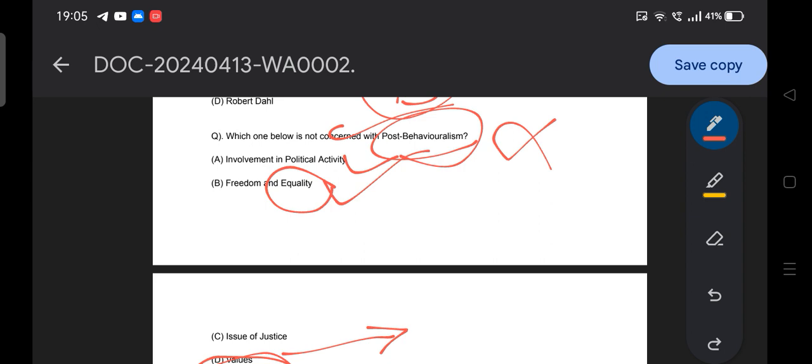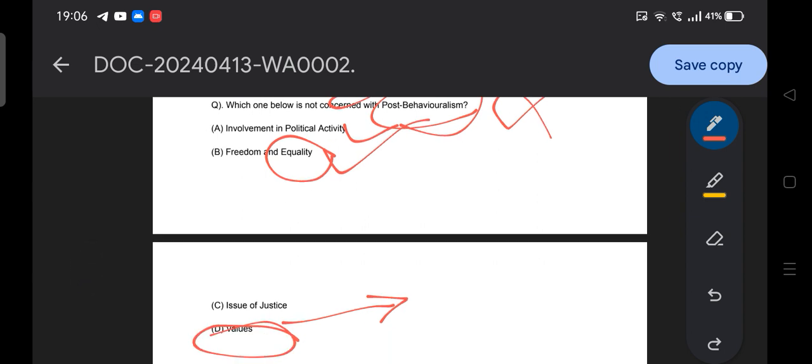But in the traditional approach there is no equality, because there is inequality. People did not study the political system on the basis of third world countries. How can you say that there is equality? They made the study only on the basis of the Westerners, so there is inequality. That is how equality and freedom belong to post behavioralism.